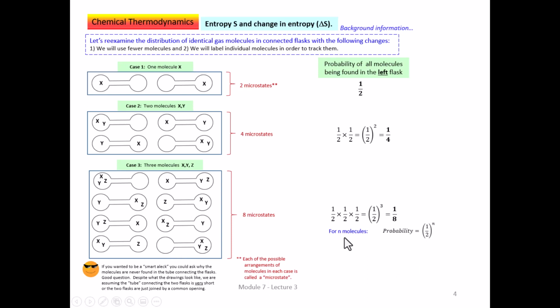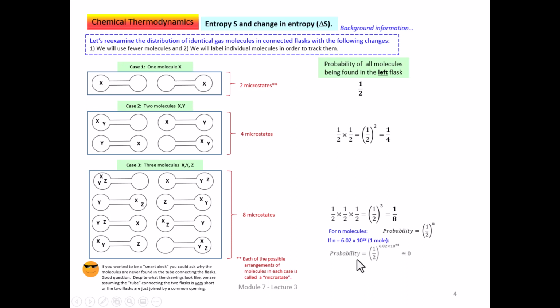So back to our formula. For n molecules, the probability of all the molecules being in the left flask would be 1/2 to the n power, where n is the number of molecules. So suppose we have a mole of molecules. That wouldn't be unusual in the lab.